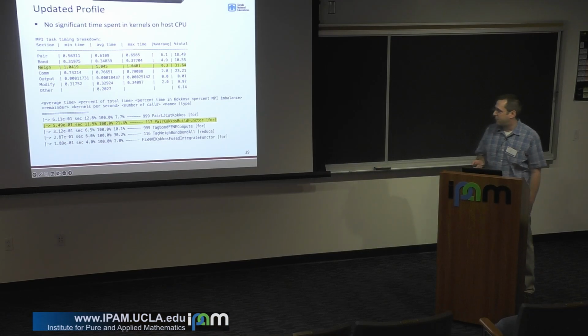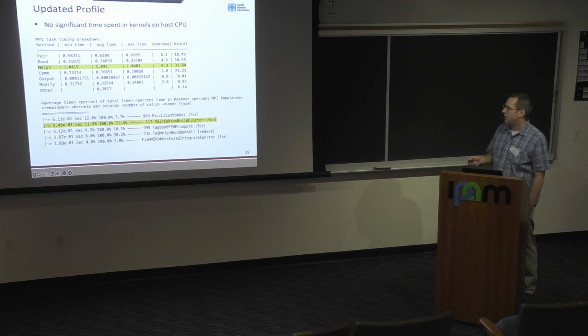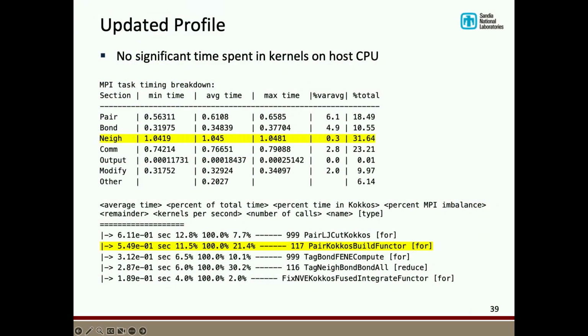And here's an updated profile. Here is the most expensive kernel according to the LAMMPS timing breakdown. That's the neighbor list build. If we profile the GPU kernels, here is the neighbor list build. For the GPU kernels, it's about the same for the force computation, the Lennard-Jones pairwise interactions, versus the neighbor list build.